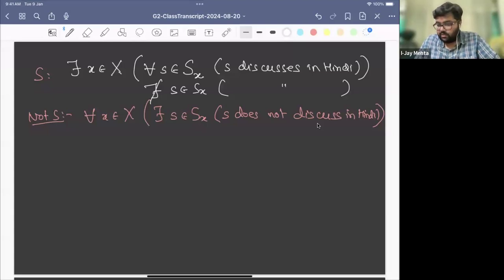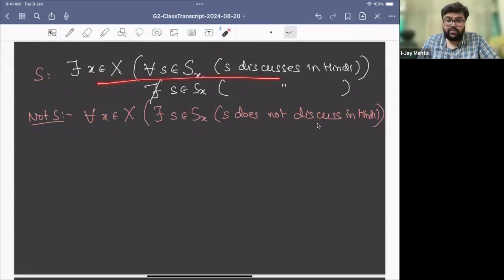You take any student, given any student, S does not discuss in Hindi. And here the negation is given in the quantifier. There does not exist any student who discusses in Hindi. In English there are many ways of saying it, but when we try to negate it, there are chances we make mistakes and get confused. That's why we write in terms of quantifiers and negate it step by step.